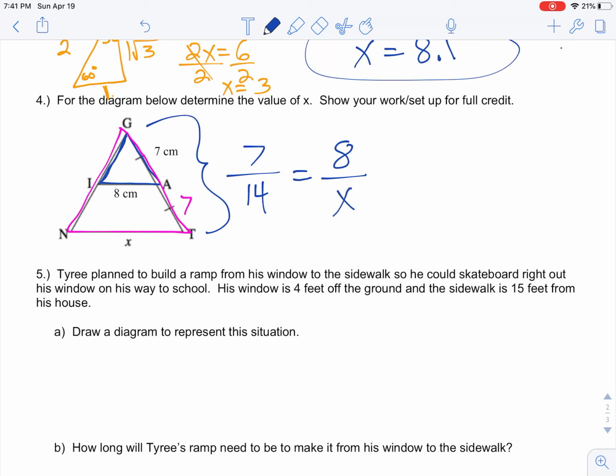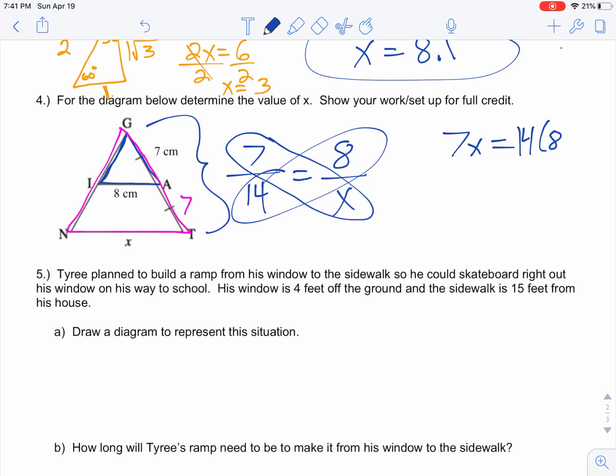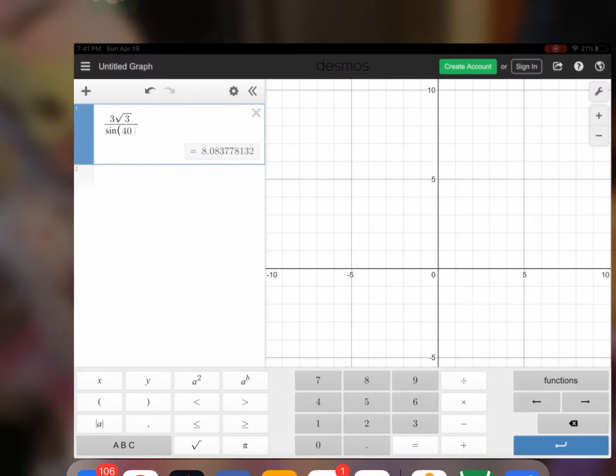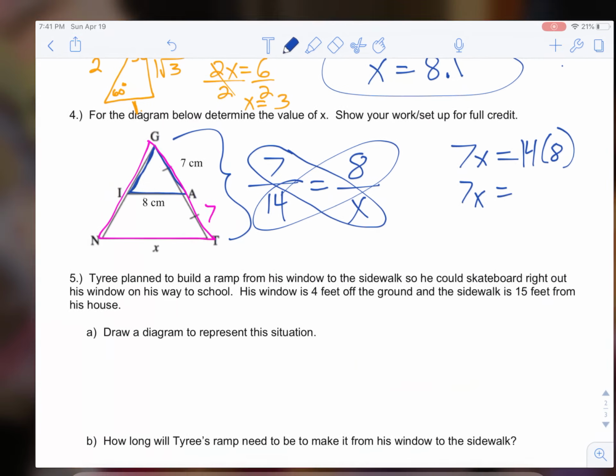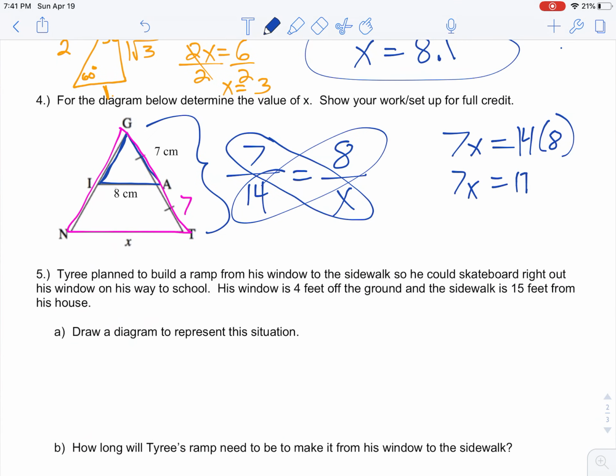They're both the base. And so now we can cross multiply to find 7 times x equals 14 times 8. And then we can go ahead and multiply those together. 14 times 8 is 112.